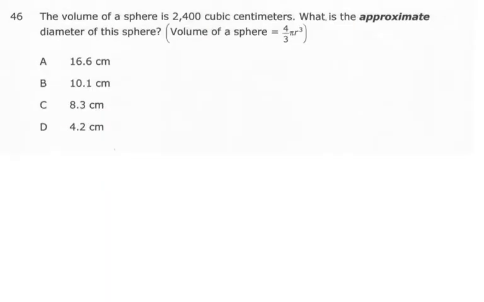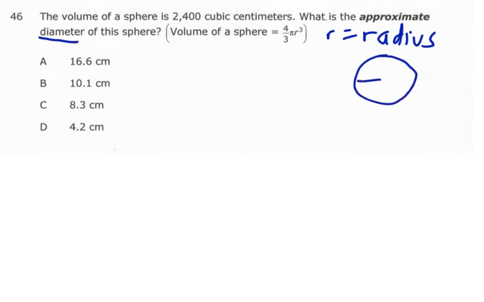Alright, number 46. The volume of a sphere is 2,400 cubic centimeters. What's the approximate diameter of this sphere? And they gave us the formula, and that r in the formula stands for radius, but they want us to find the diameter, so let's be real careful there. I'm just going to draw a sketch of a circle.